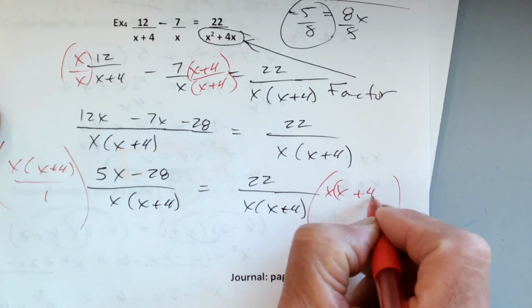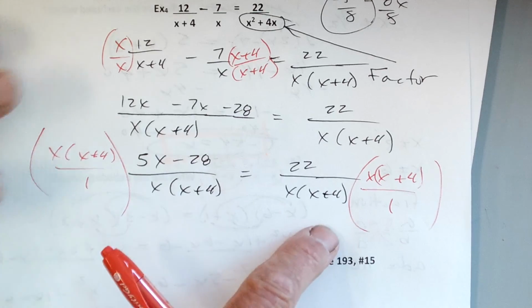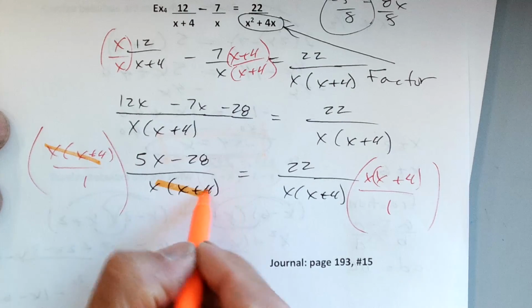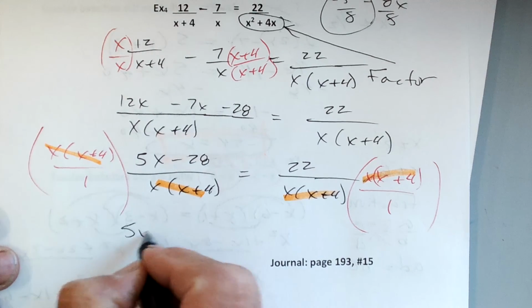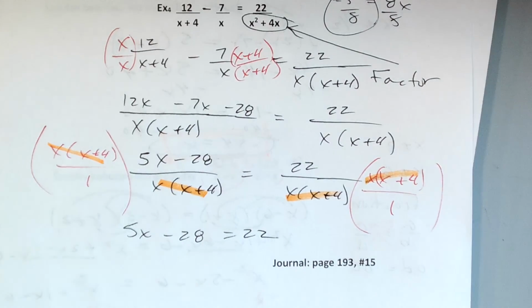What makes this problem easy is that then this will cancel with this, that'll cancel with that, and it becomes a pretty easy problem. I get 5x minus 28 equals 22. How am I doing?